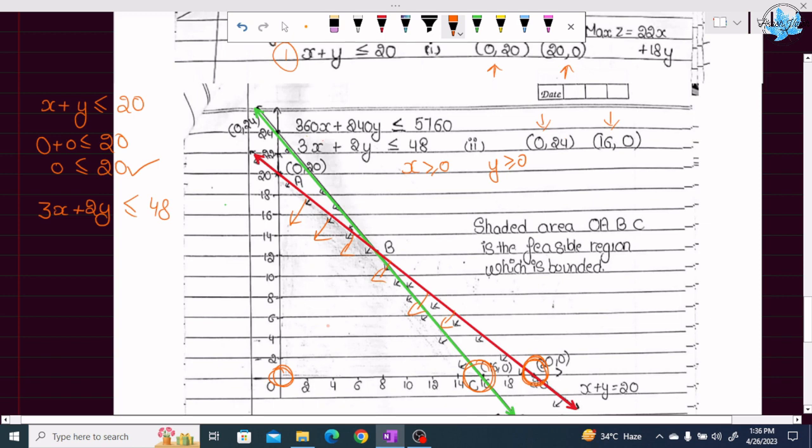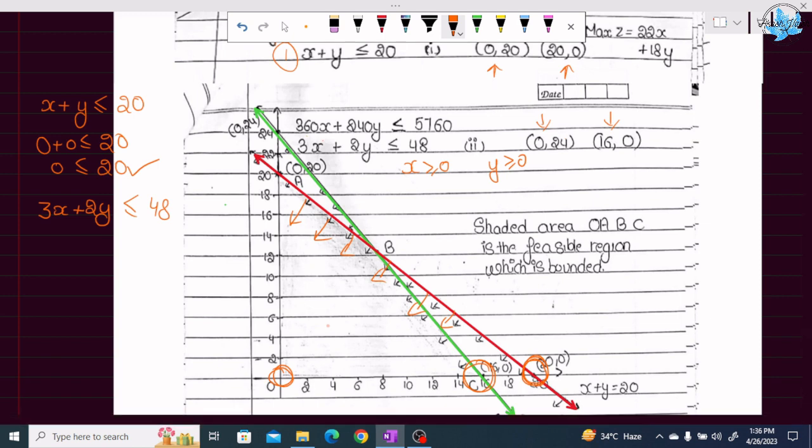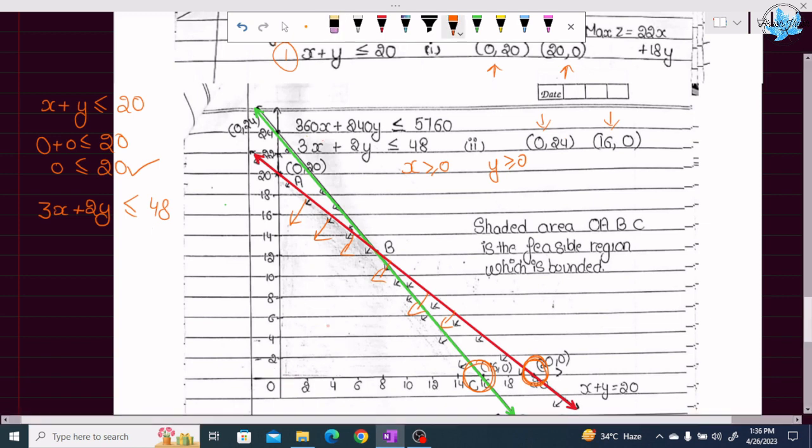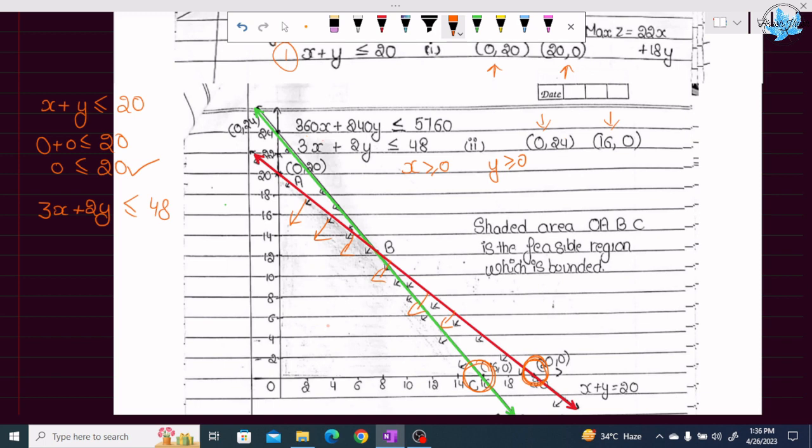I hope you understand. Similarly, the second equation is 3x plus 2y is less than or equal to 48. So again the green line, now find the shaded area. Put the x and y coordinates to be 0, and if it satisfies this equation, then the shaded area will be towards the origin. You can see it also satisfies this equation, so the shaded area will be towards the origin.